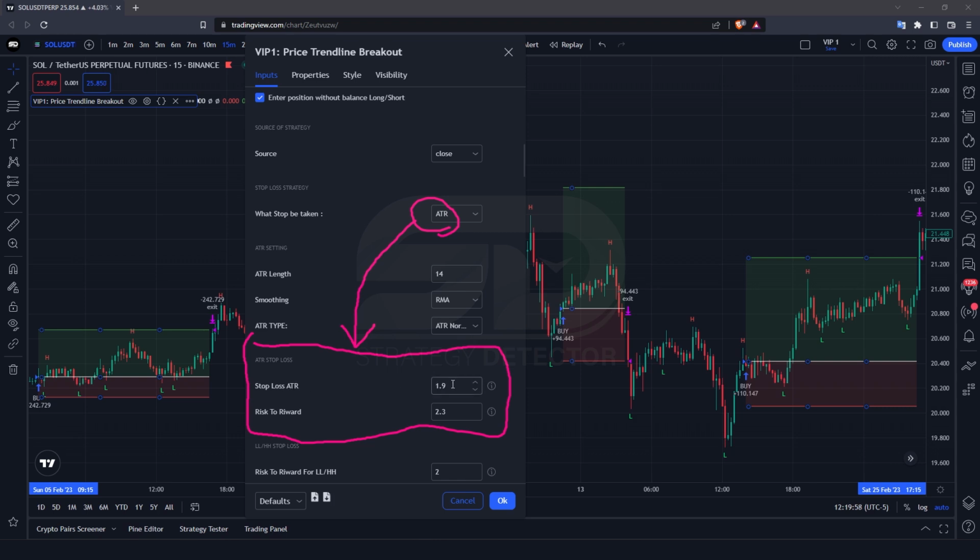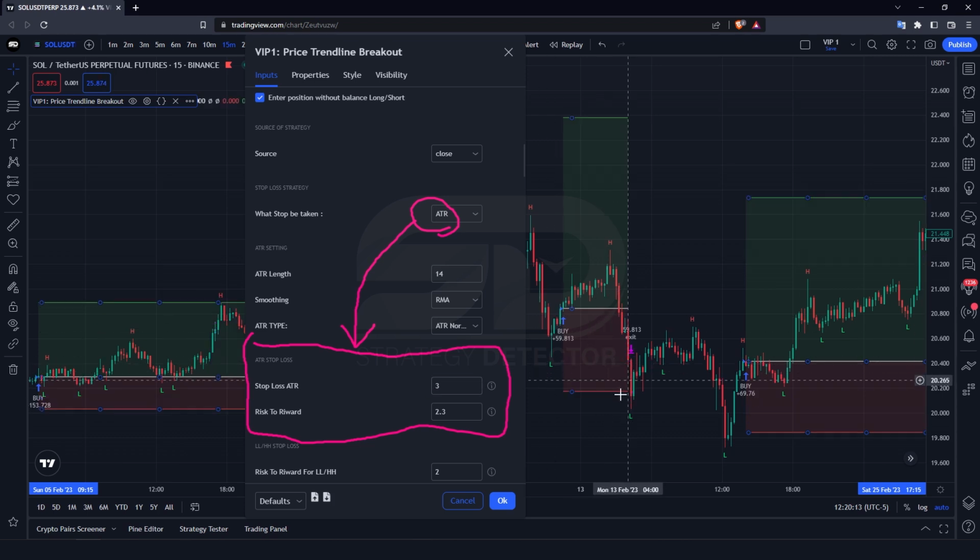How much do you consider for your stop loss placement? It's up to you. For example, choose 3 ATR and you see in the chart that this length increases. Or you can choose 1 ATR for your stop loss. The adjustment of ATR amount for stop loss is up to you.